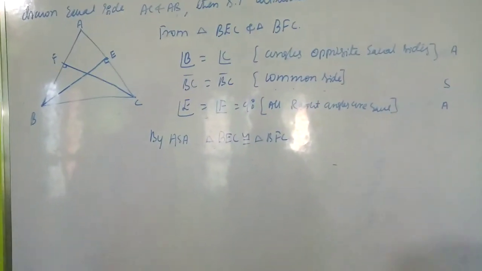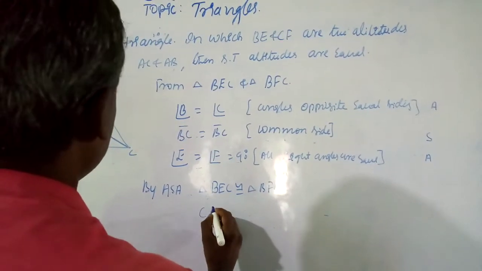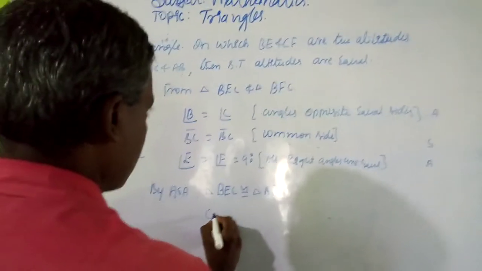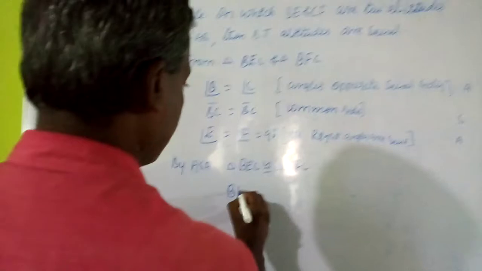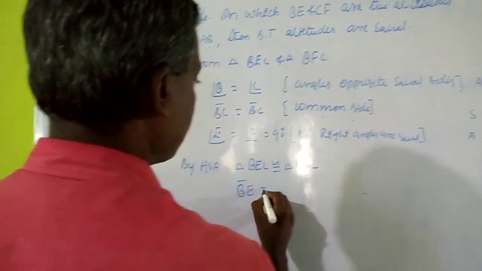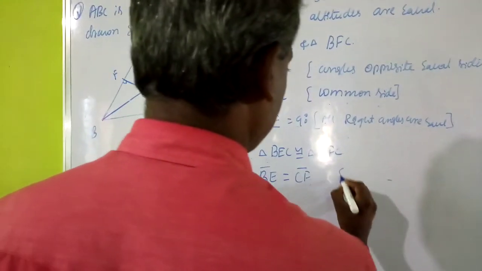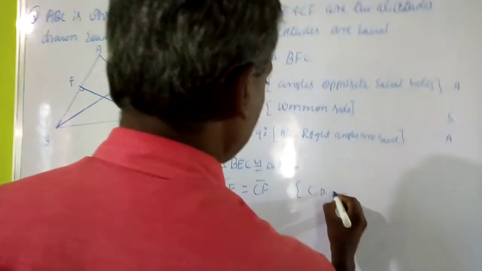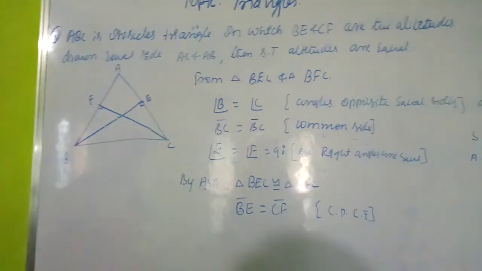So from these two, side BE is equal to side CF. What about this? This is corresponding parts of congruent triangles. Okay, students, so this is your proof.